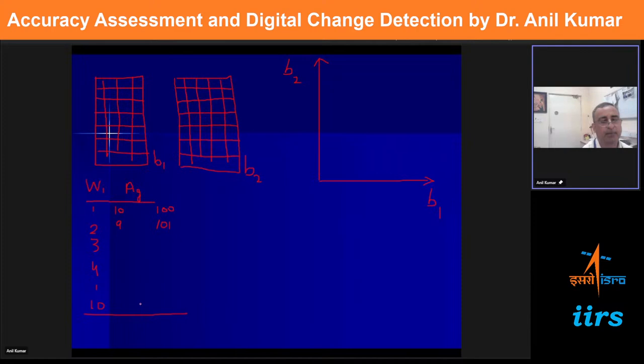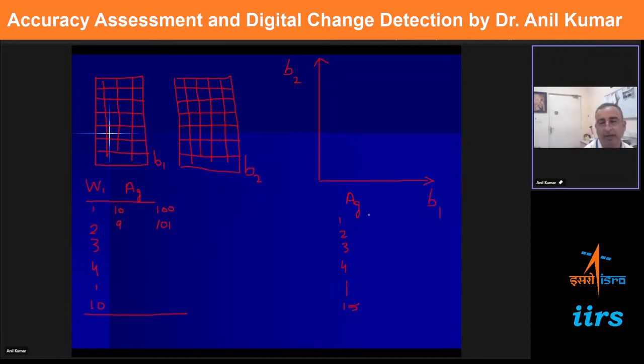Now, if we are applying the parallelopiped classifier, in the same way we can see the samples for agriculture also: sample 1, sample 2, sample 3, sample 4, and so forth. Maybe 15 samples we are taking.